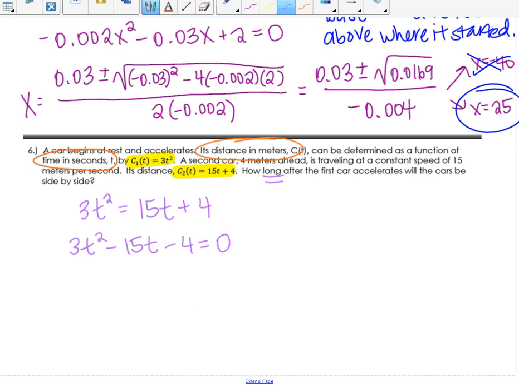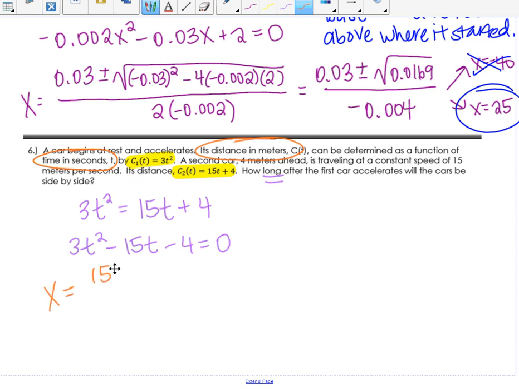And at least this is a quadratic formula without having to use a lot of decimals. You also could complete the square here. In this case, it's not too bad, but you do end up with an odd middle term. So let's just go ahead and do the quadratic.